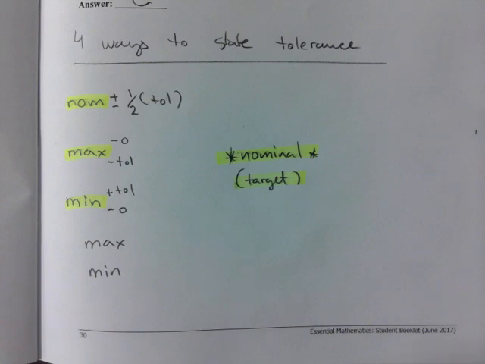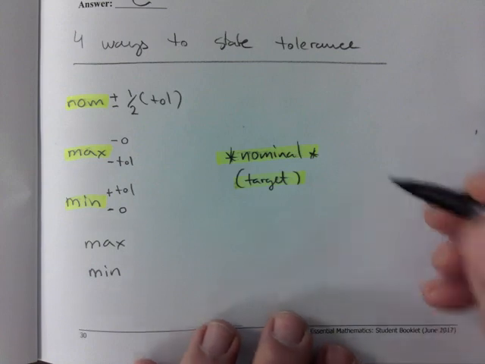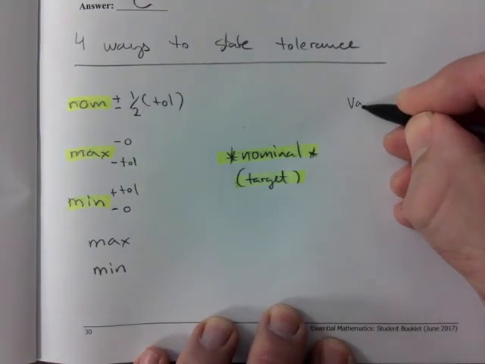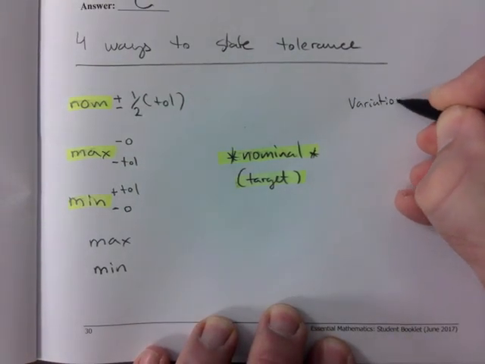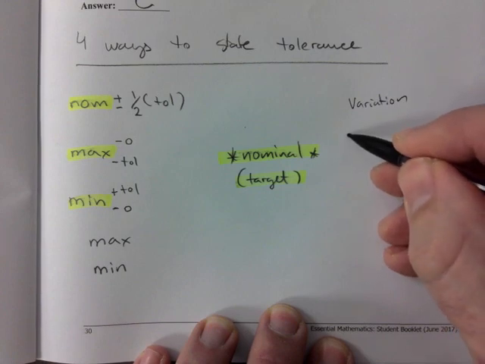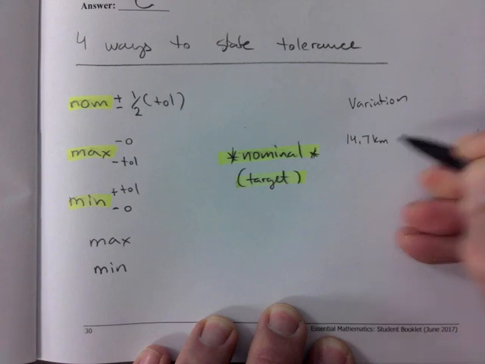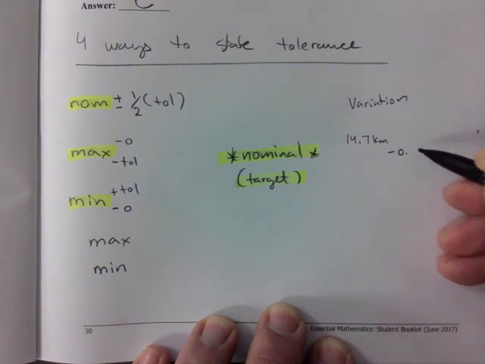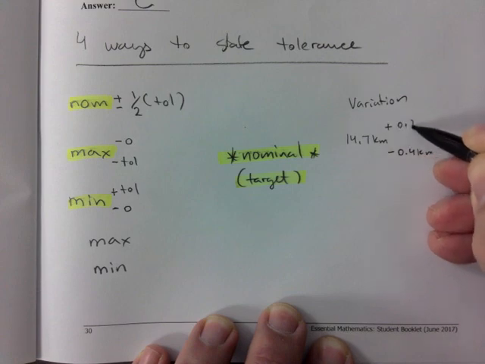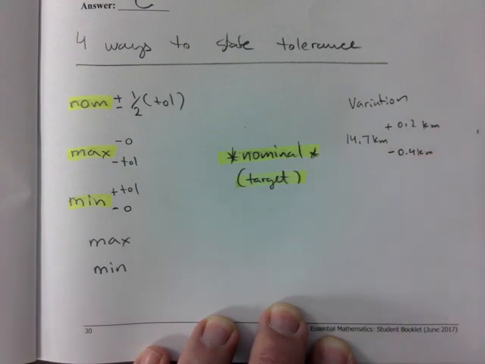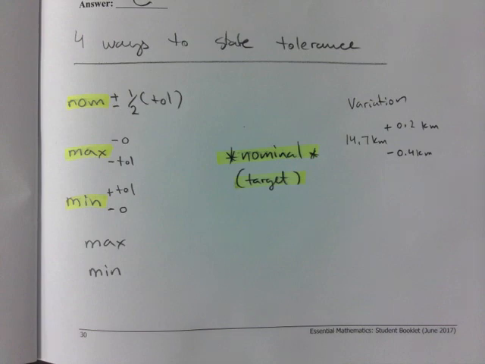There's one variation though. There's a variation here. So let's say there's like 14.7 kilometers minus 0.4 kilometers plus 0.2 kilometers. See that this one right here doesn't fit any of these categories.